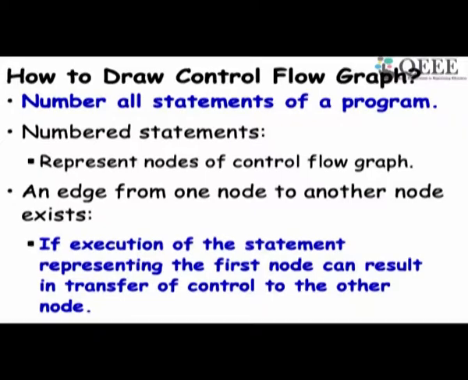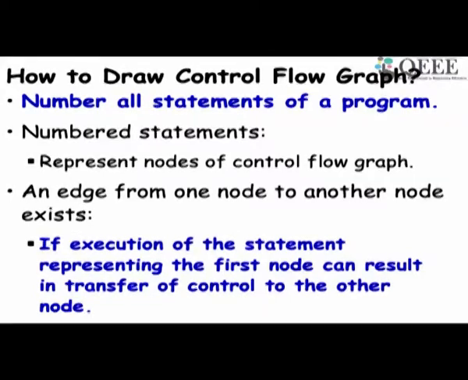So how do we draw the control flow graph? Given any program, the first thing we need to do is to number all the statements, because these will become the nodes of the graph. We draw one node corresponding to each numbered statement.